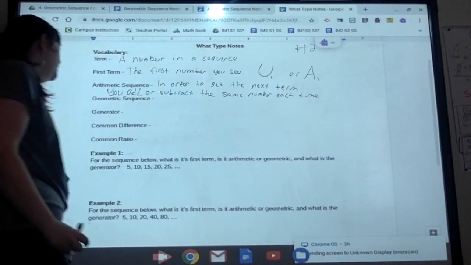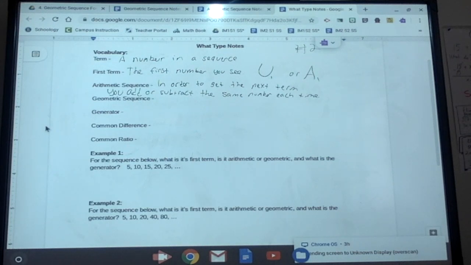For example, if each time you're adding 2 to get the next number, it's arithmetic. However, if it's add 2, add 2, add 2, and then suddenly you're adding 3, it's not arithmetic anymore because it has to be the same number each time.